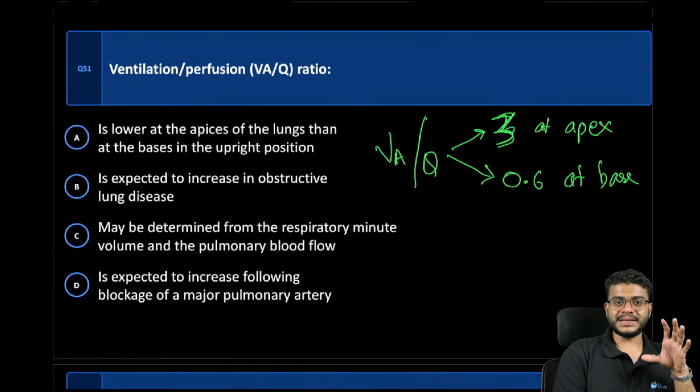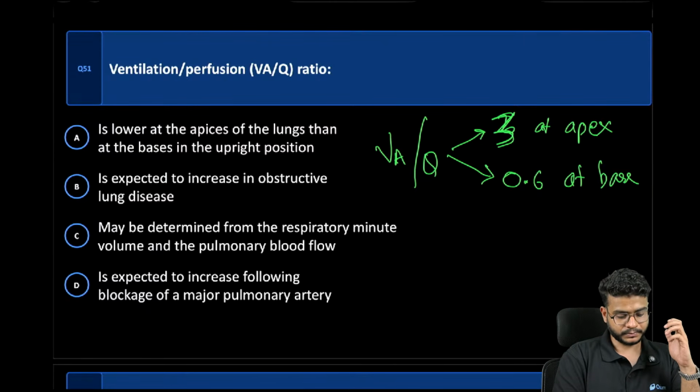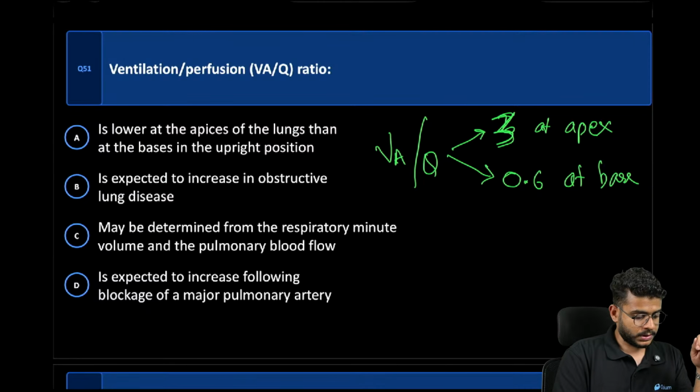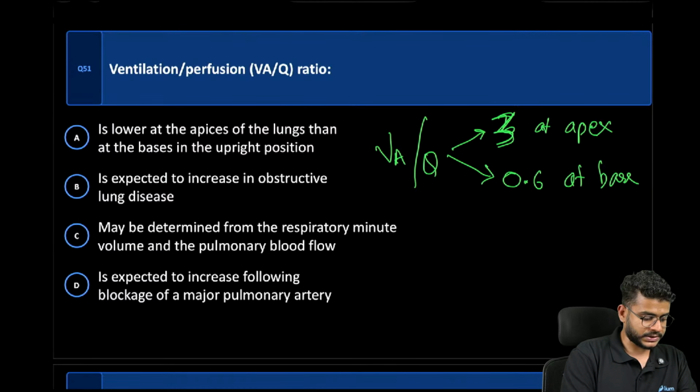See, the ventilation and perfusion both are high towards the base and decrease when we move towards the apex of the lung. Okay. Now, when we take the ventilation perfusion ratio, it is highest at the apex and lower at the base. Okay. Understand the difference. No, the first option is lower. No, it is higher at the apex, right?